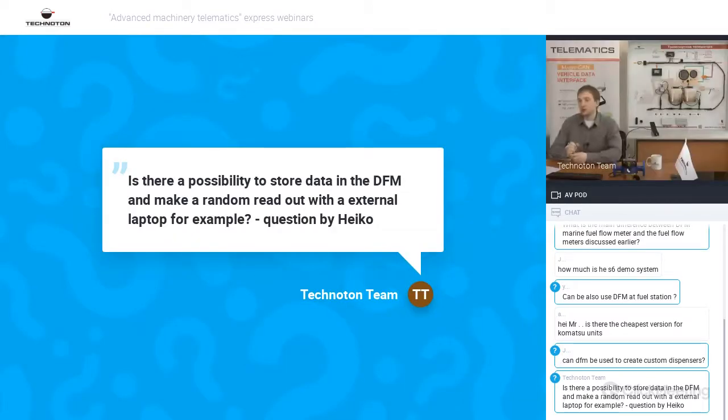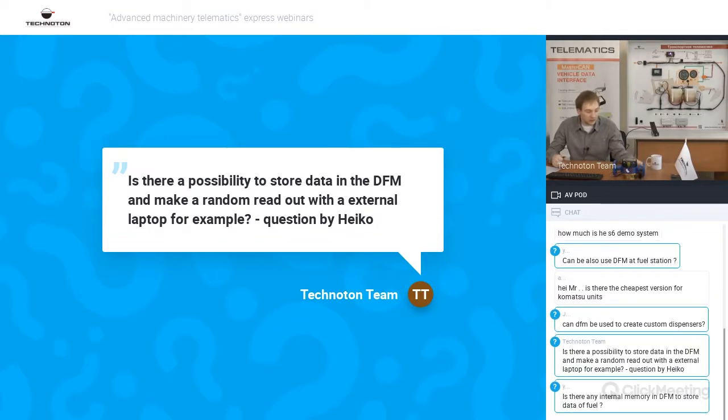Okay, is there a possibility to store data in the DFM and make a random readout with an external laptop, for example? Question by Heiko. Dear Heiko, yes, there is a possibility. All DFM flow meters with a display, with an interface, have counters inside that are accessible with the help of a service kit, a service program.